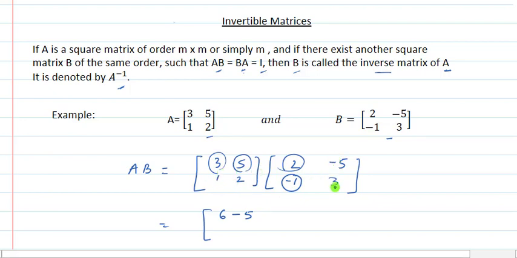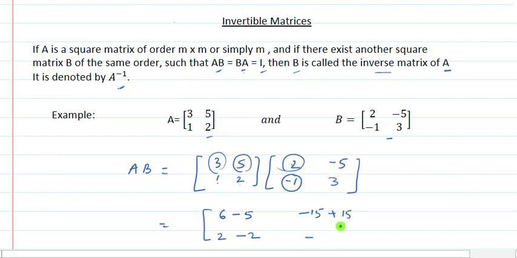Then multiplying row 1 with column 2, we are getting minus 15 plus 15. Then taking row 2 and column 1, we are obtaining the element 2, 1. So it is 2 minus 2, multiplying 1 with 2 and adding 2 into minus 1.